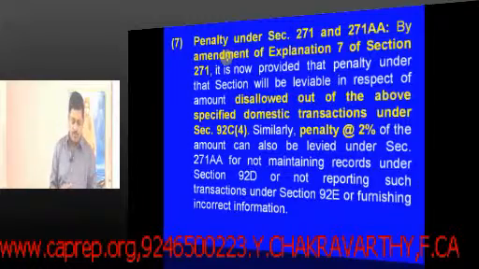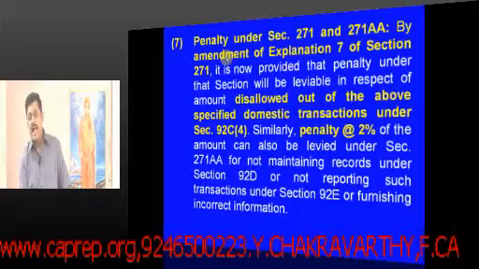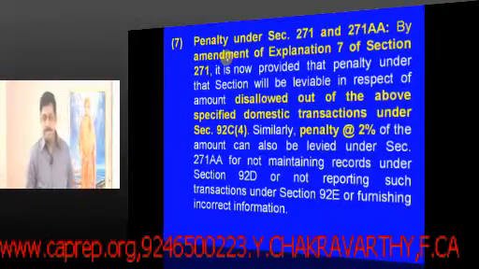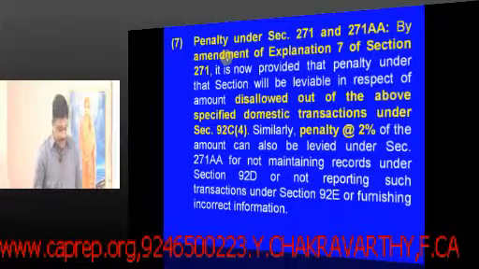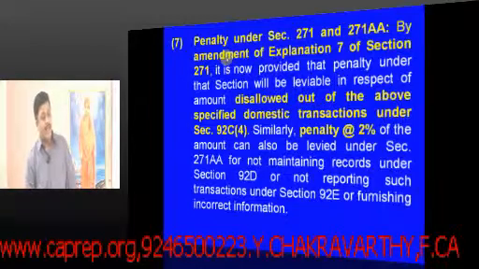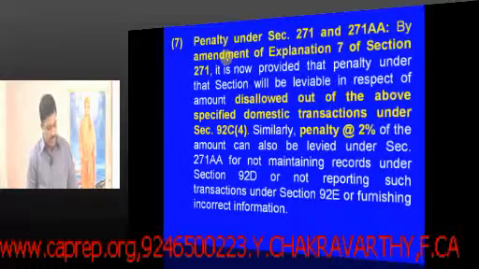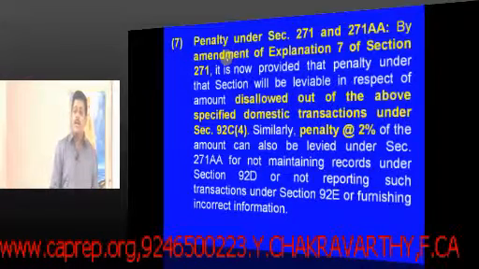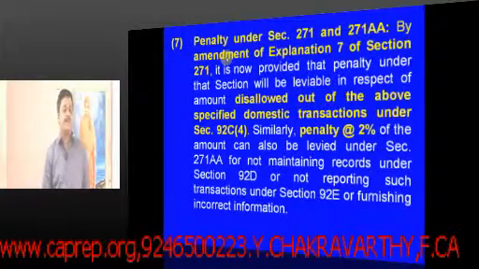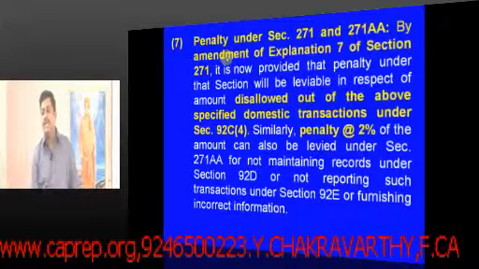Point number 2. An expenditure will be treated as a specified domestic transaction if all the following conditions are met.